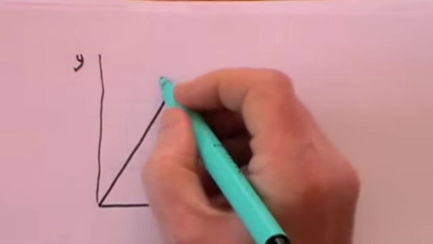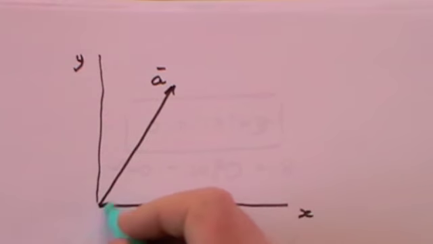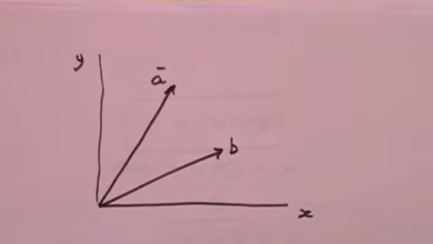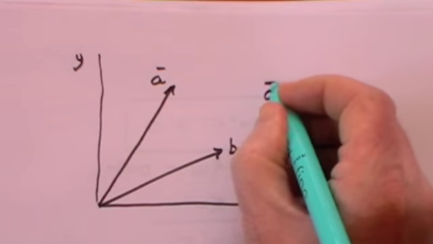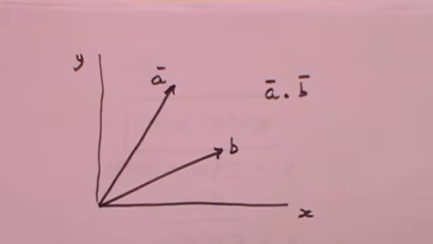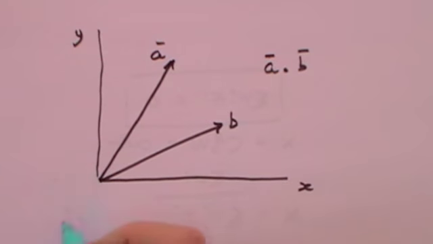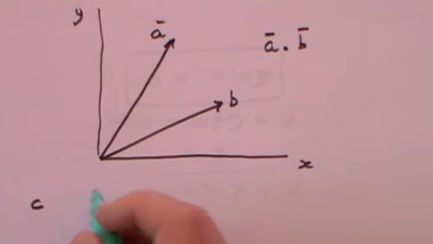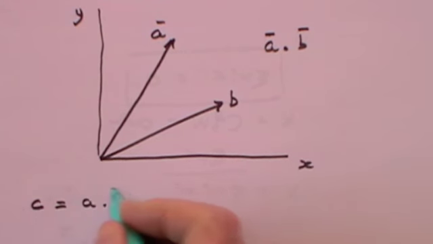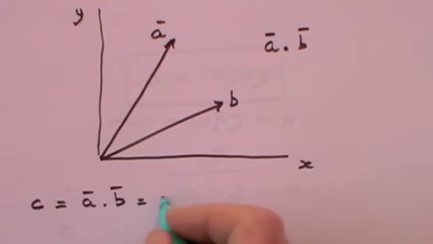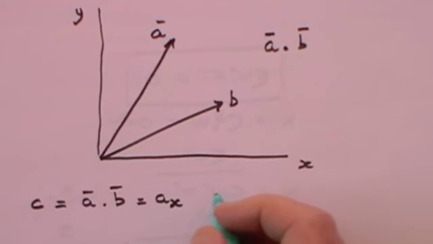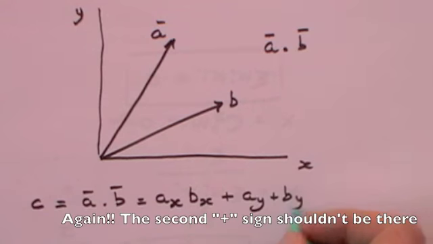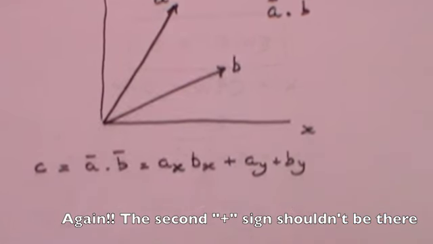Here are my two vectors, A and B. I'm going to do A dot B. And I told you that the scalar product, which is just a number, C, is going to equal A dot B, and that equals the component of A in the x direction multiplied by the component of B in the x direction, plus the component of A in the y direction multiplied by the component of B in the y direction.